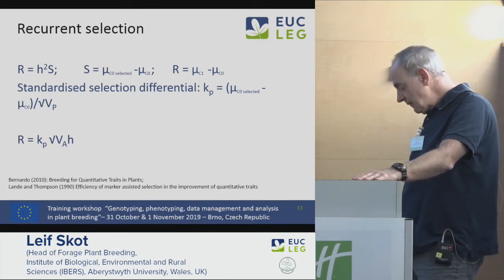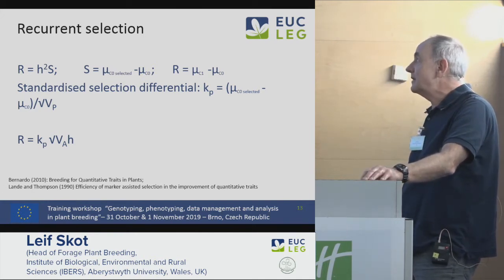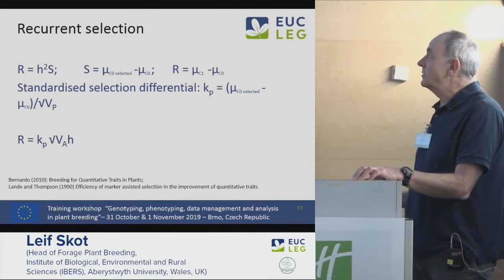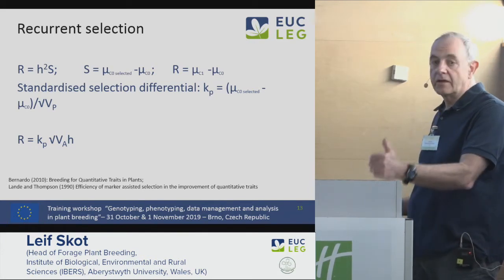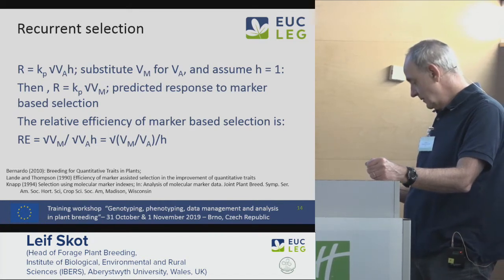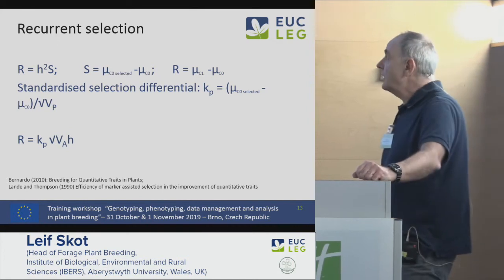So that's the basic principle of recurrent selection, and that's what's used a lot in outbreeding crops such as the red clover and the alfalfa that we use in the UCLAC program.